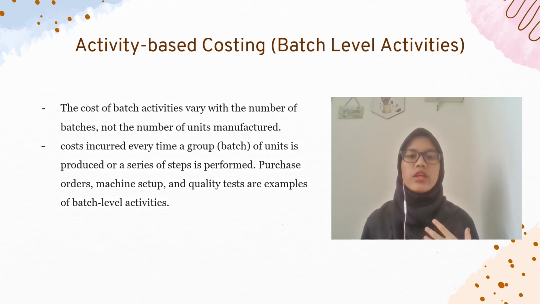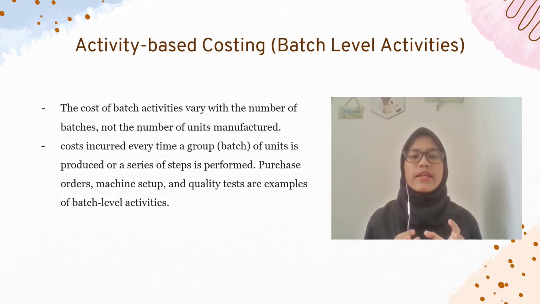So the cost is incurred every time a group or a batch of units is produced or a series of steps is performed. Purchase orders, machine setup, and quality tests are examples of batch level activities. So in terms of purchase orders, the number of purchase orders will be calculated in the cost of the product.